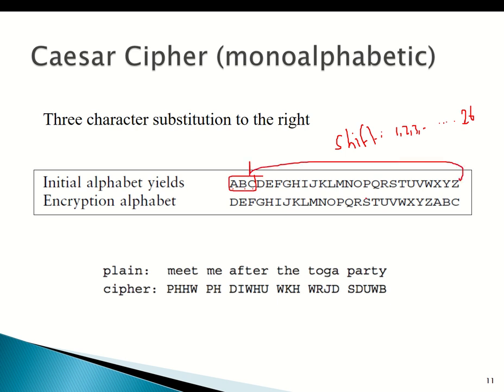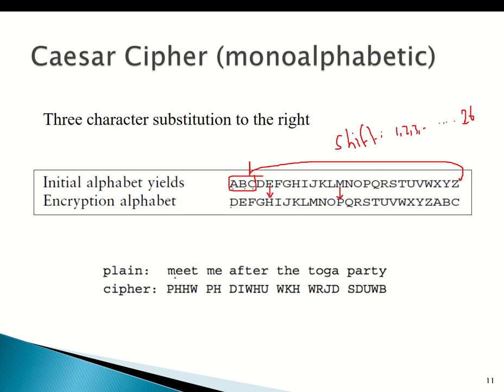So the new order becomes D, E, F. The encryption alphabet will start from D. So if I have this sentence, "meet me after the toga party," where's the M here? The M is replaced with P, and the E is replaced with H.